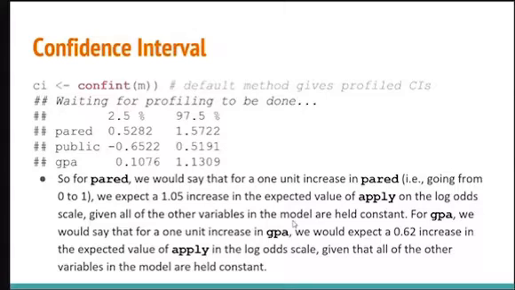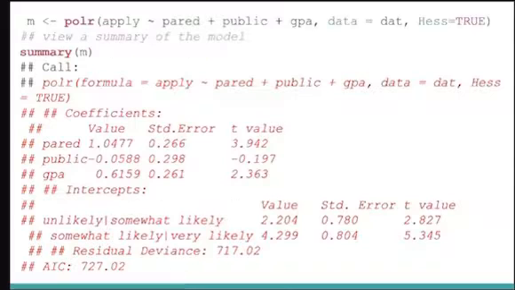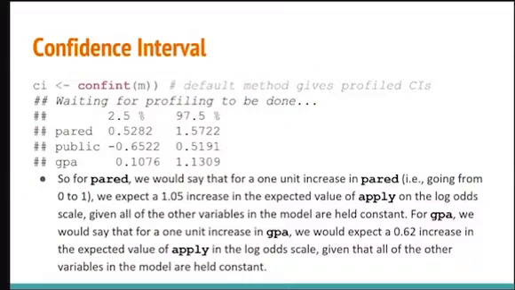Now, what about the GPA? Going back to the GPA, to 2 decimal, that would be 0.62, right? Right now you got 0.6159. To 2 decimal is 0.62. How can that be interpreted?